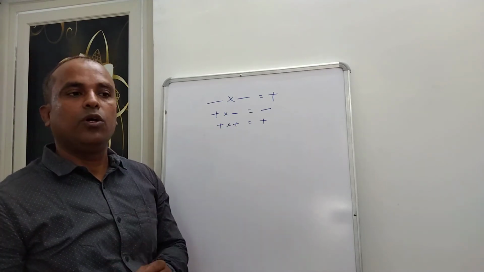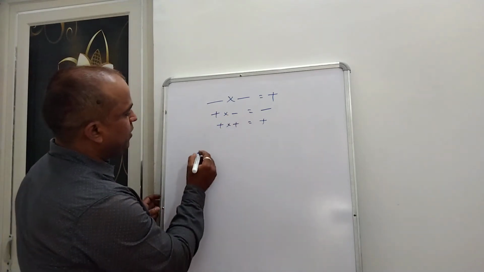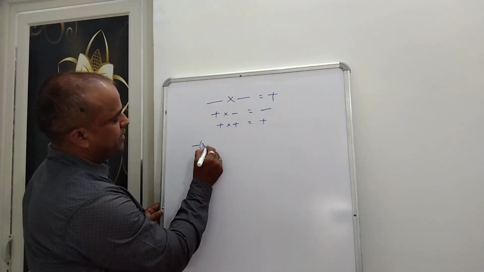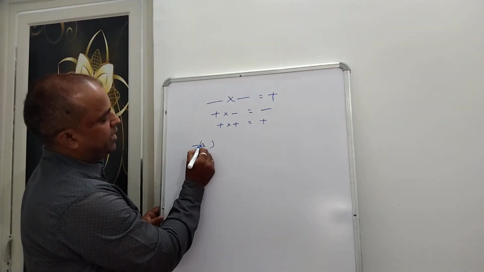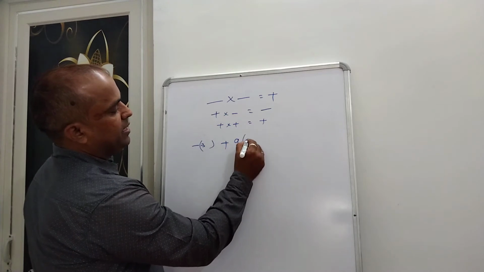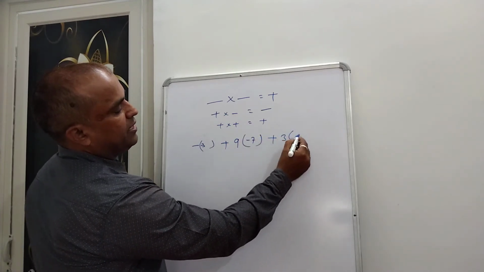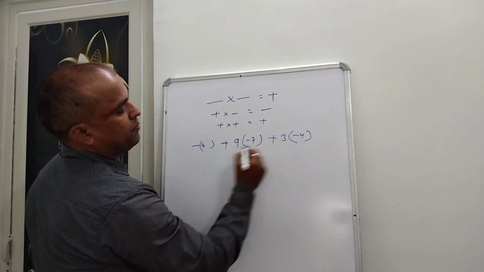Let's take one question which has all three concepts in it. Now I am writing minus 3, it should be in brackets. Here write minus, then plus 9, then here write minus 7, then plus 3, then here write minus 4.